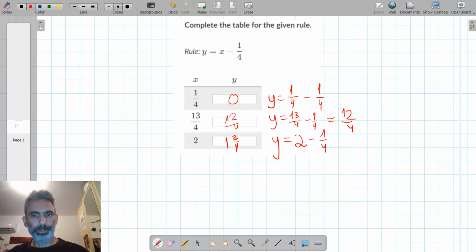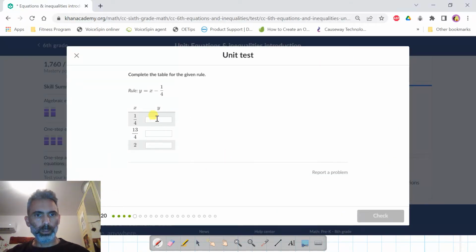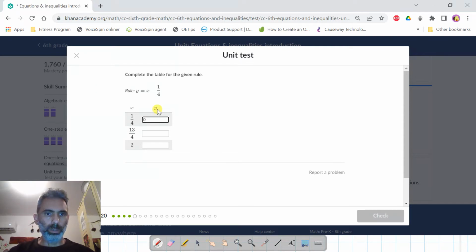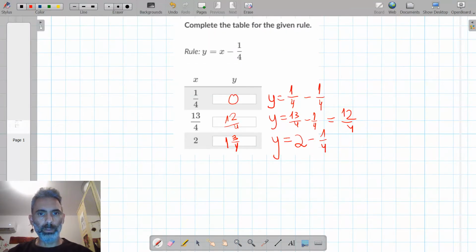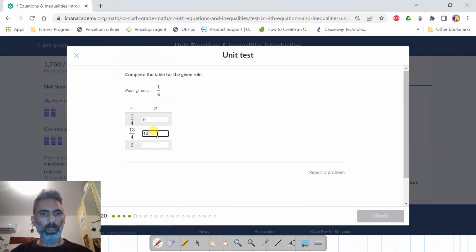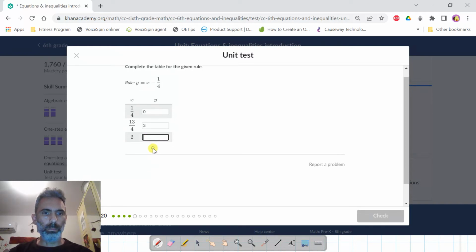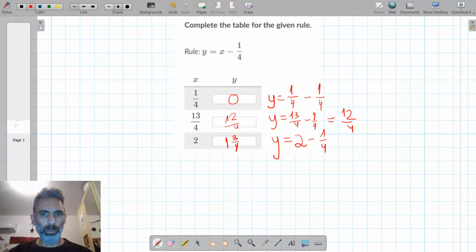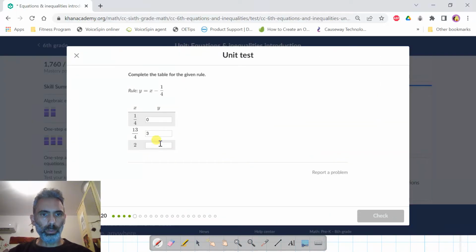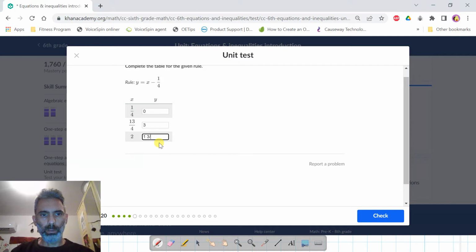Okay. So for the first value of x, y is 0. For the second value of x, y is 12/4. 12/4 is 12 divided by 4, which is 3 wholes. And if x equals 2, then y equals 1 and 3/4.